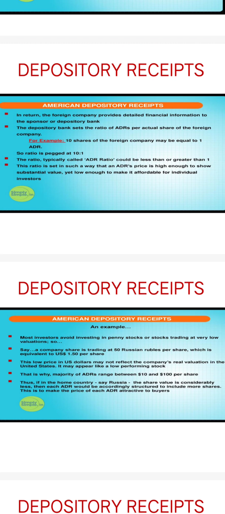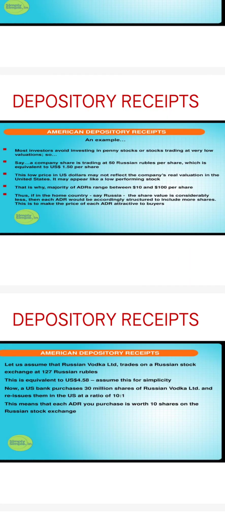The ratio is set in such a way that the ADR price is high enough to show substantial value, yet low enough to make it affordable for individual investors. Most investors avoid investing in penny stock or stock trading at very low valuations.